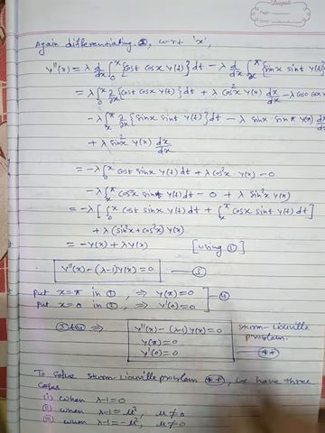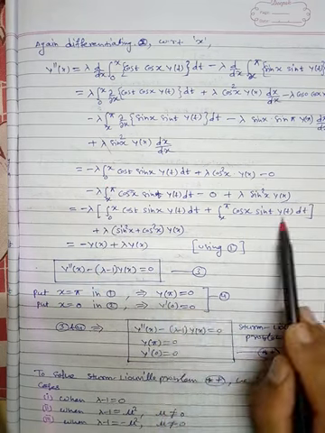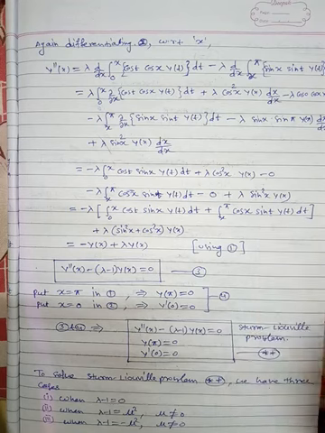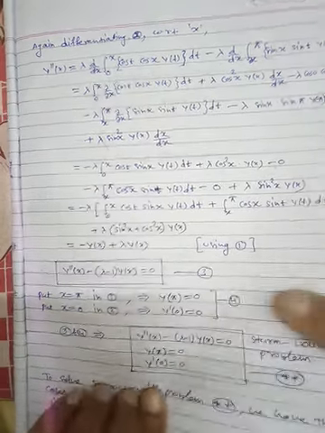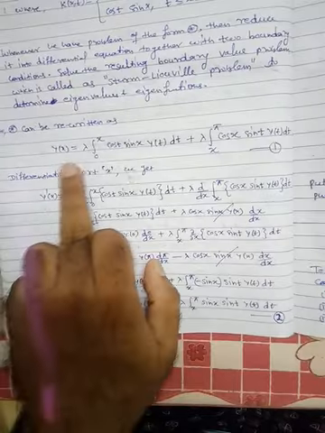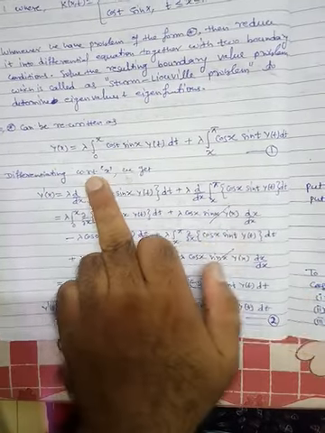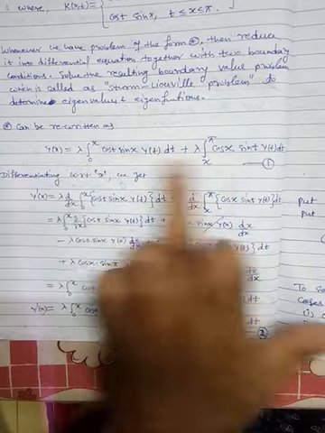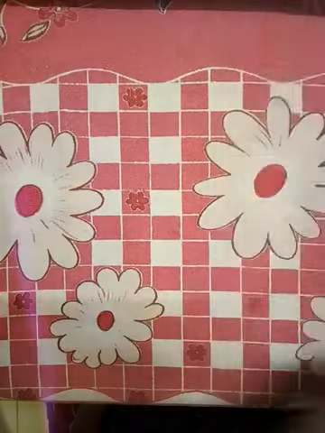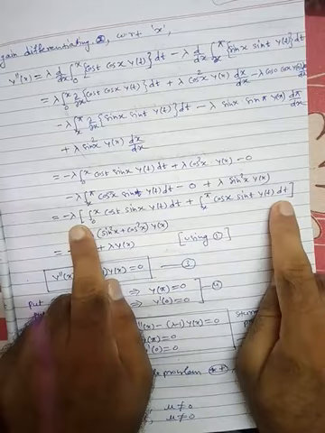Now this integral, if you see, what is this integral? This integral is your actual y(x). This is in this integral form. So according to equation number 1, the sum of these two integrals is basically y(x). So we are replacing this sum by y(x).